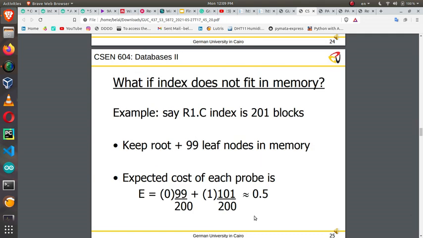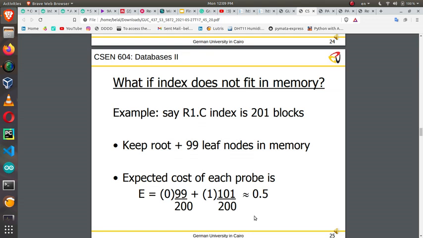Okay, what if the index doesn't fit in memory? Well, it depends. If we are searching in the loaded part of the index, the loaded part in memory, we are good.